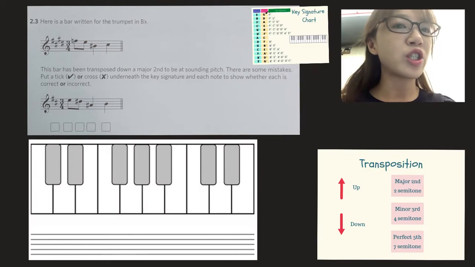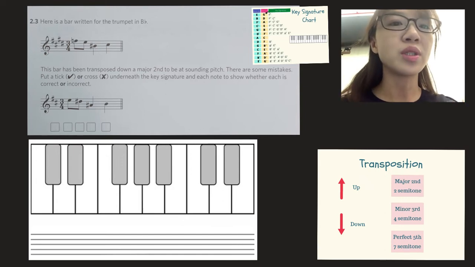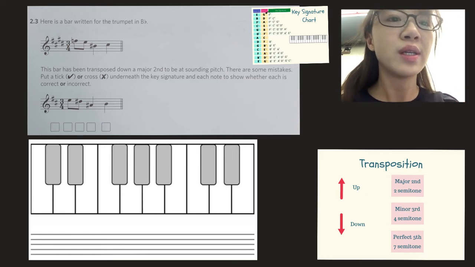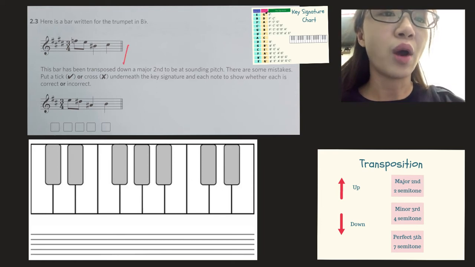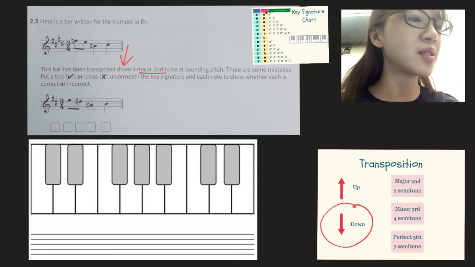To answer this question about the transposition, first thing we have to check the instruction. The instruction will tell you whether you need to transpose up or down and which interval you are going to. In this question, you are going to transpose down. Alright, so it's here, down, and you are going for a major second.